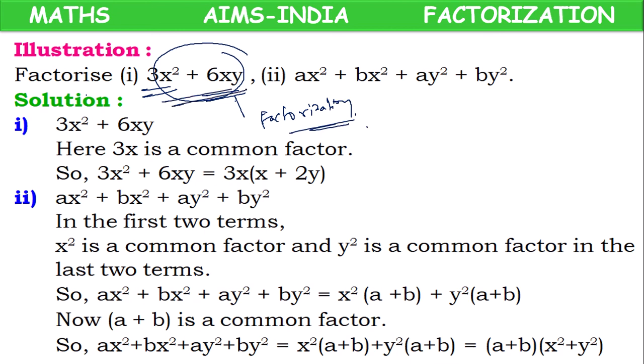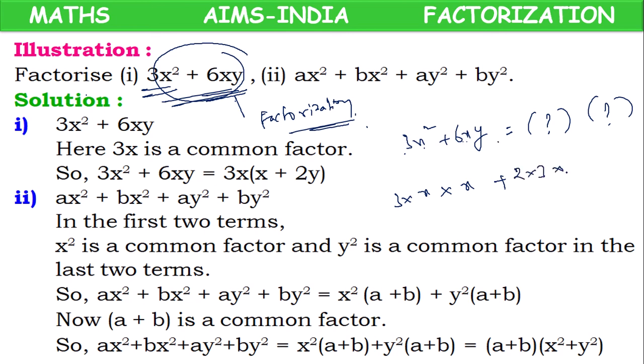For this bigger expression, 3x square plus 6xy, we have to find the factors. Here, 3x square can be written as 3 into x into x. 6xy can be written as 2 into 3 into x into y. If you observe here, 3 is common, x is common.